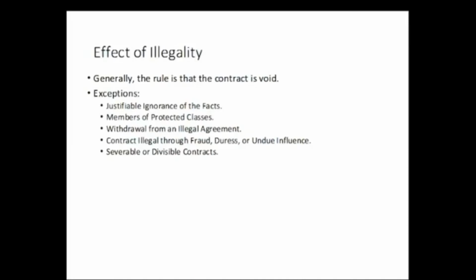So here's a little chart in terms of procedural unconscionability and substantive unconscionability, and the factors that the court will consider in deciding whether or not this is an issue. If it's illegal, generally that means it's void, so no contract happened whatsoever.